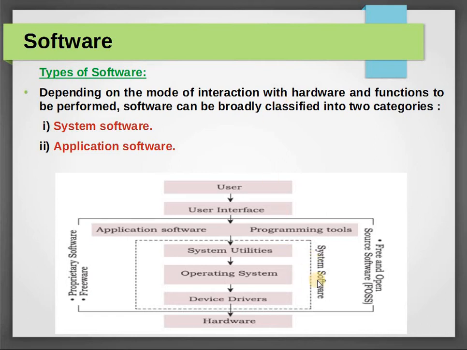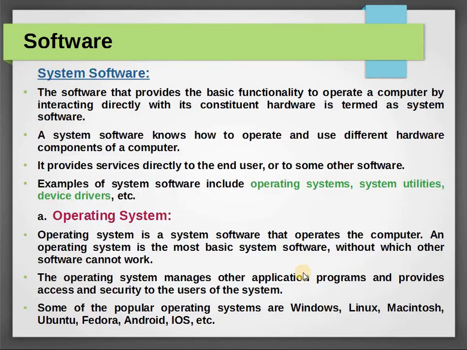One is system software, which directly interacts with the hardware, and the other is application software, which acts as an interface between the user and the system software. So basically the user interacts with the application software, and the application software works above the system software. Now we will study these two kinds one by one.